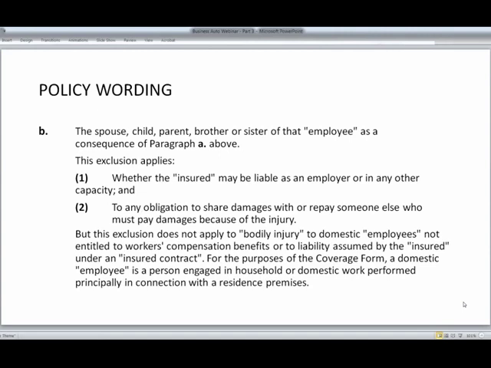The first exposure is they're paying for the injuries to that worker under work comp. Now they're also addressing the injuries to that worker under their auto liability policy. And by the way, the general liability policy has the same wording in it. The example I gave you would be more general liability than auto liability, but both of them have the same wording that would cover back under the contractual obligation that you would have.